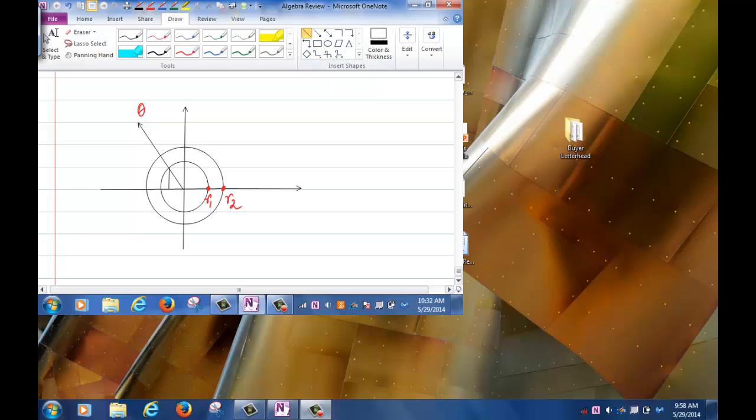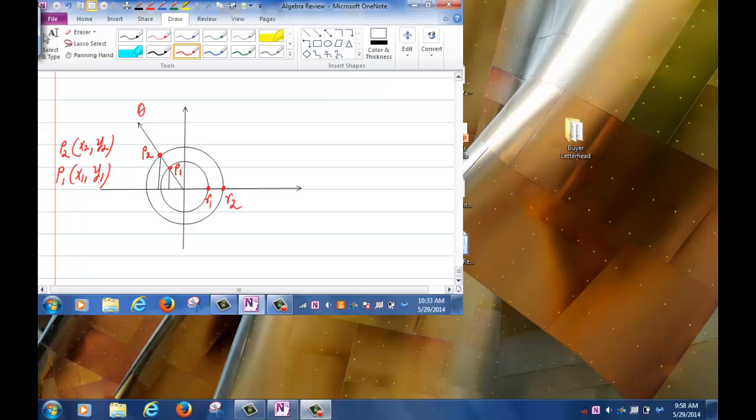So I need another one from here. Okay, I have bad scaling, but I'm going to draw it this way, okay? So let's say I have these 2 points. One of them I'm going to call P1. The other one would be called P2. Let's say P2 has coordinates x2, y2. And P1 has coordinates x1, y1, okay?